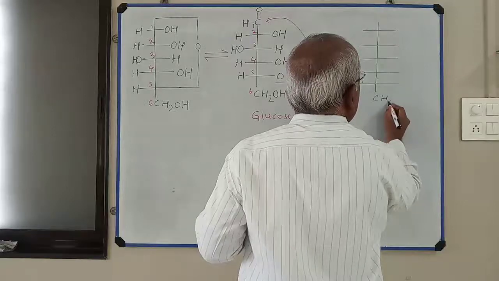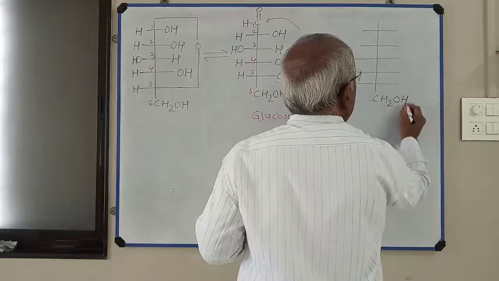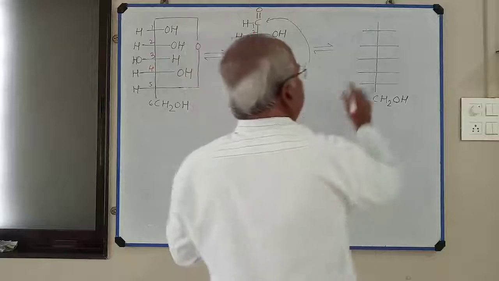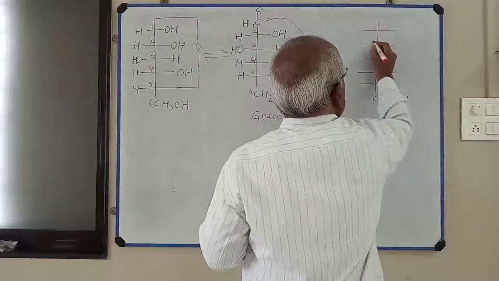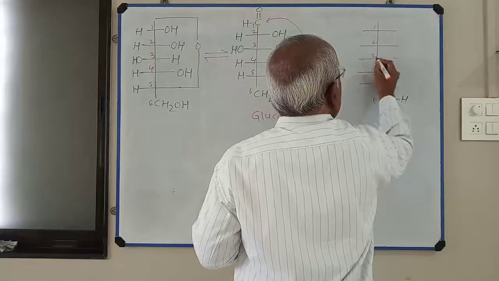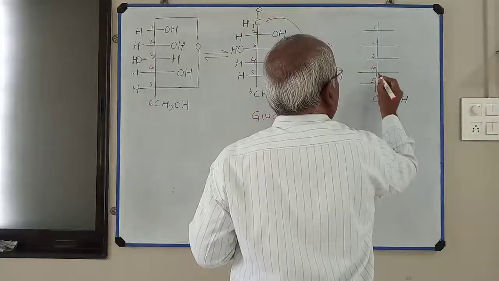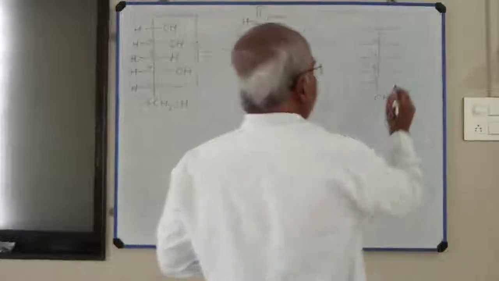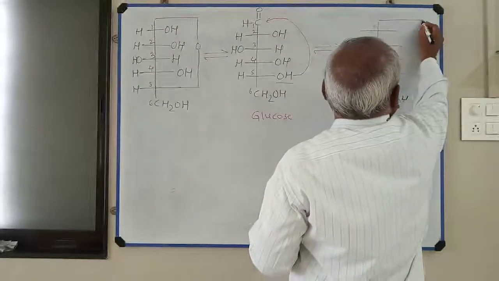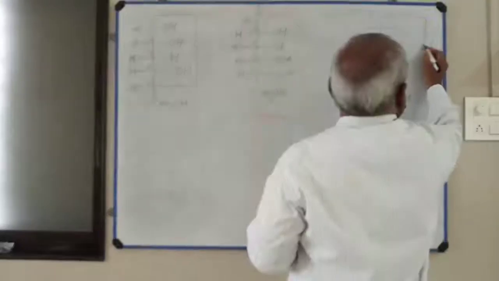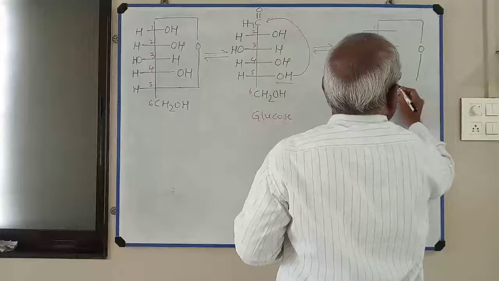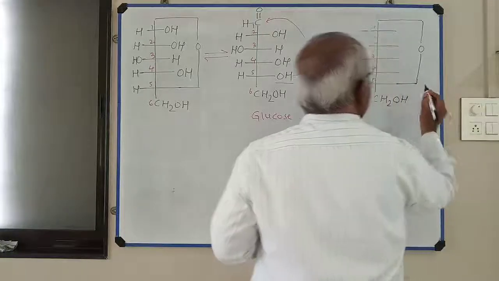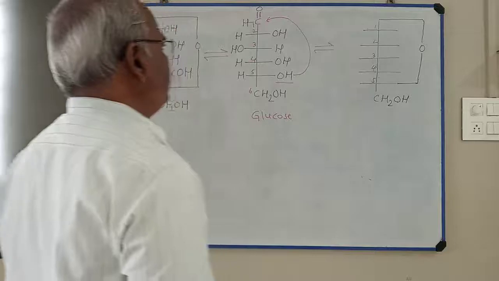Here is CH2OH. This is number 1 carbon. This is number 2, 3, 4, 5. Ring is present here, between carbon number 1 and carbon number 5.